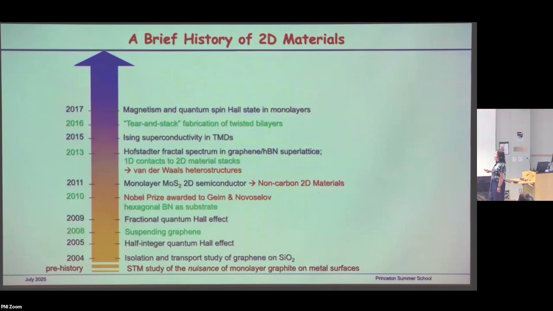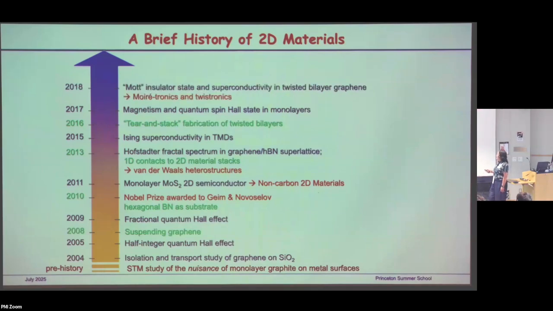And the quantum spin Hall state, this is the topological insulator state, was found in monolayer tungsten telluride. In 2018, of course, I would say this is the start of twistronics, enabled by this tear-and-stack fabrication of twisted bilayer graphene, where the Mott insulator and superconductivity in twisted bilayer graphene were discovered by Pablo's group at MIT, and that's the start of moiré electronics and twistronics. It's another field which is still going very well right now.